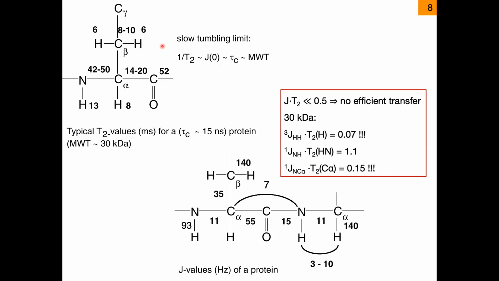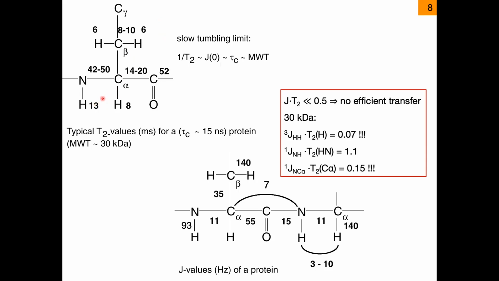And the relaxation is the dipolar coupling squared. And now the strongest magnetic moment is the proton magnetic moment. So this is very efficient when you have a nearby proton. So we have a nearby proton on the nitrogen. We have a nearby proton one bond away on the carbon.